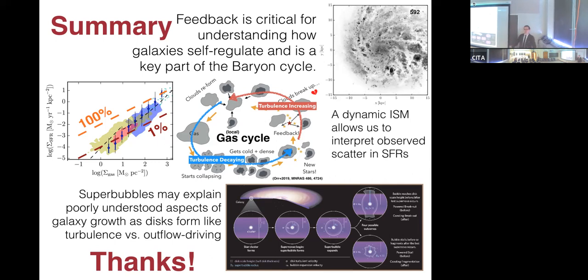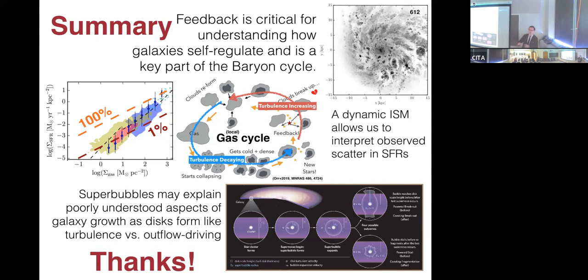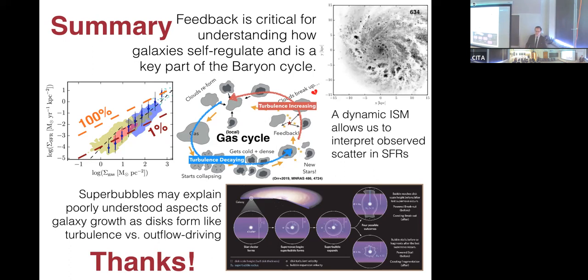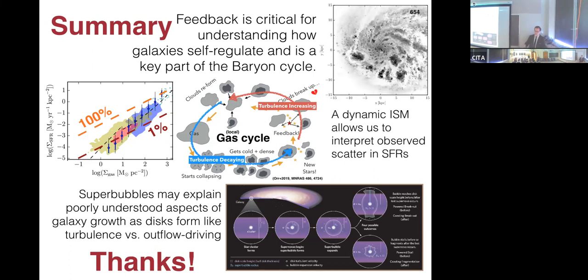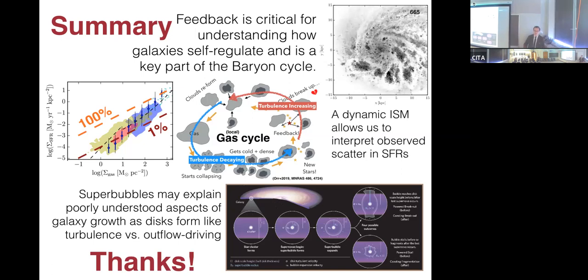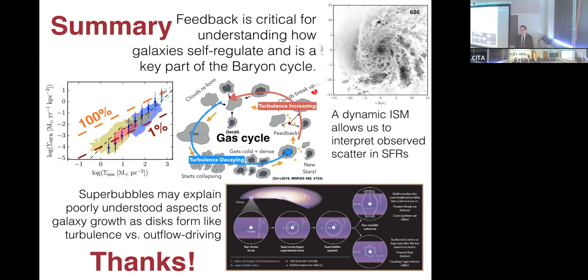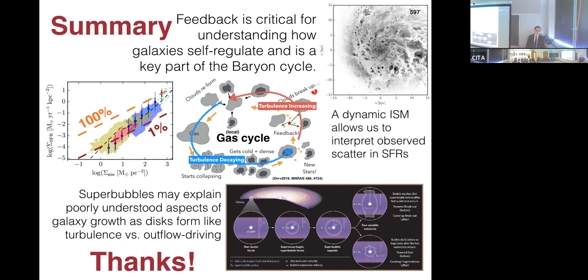So I would struggle to say that you should really look at, in the FIREbox for instance, either the lowest mass galaxies, because we're just running out of mass elements quite soon. They're not very well resolved, and the highest mass ones. And so I would say that you really need to limit yourself to sort of the mid-range of the galaxies in there, where it's L star and below.